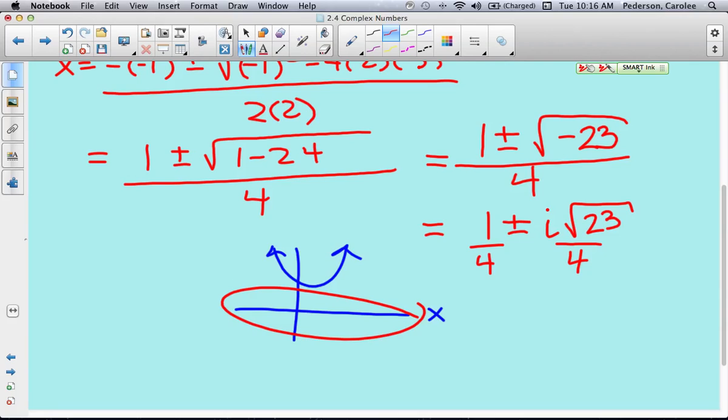That's what we call a discriminant. When the discriminant is negative, that means there's no real zeros. They're called complex zeros. This is called the discriminant. So no x-intercepts exist when you have complex zeros.